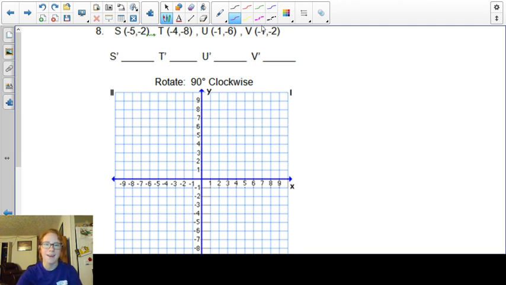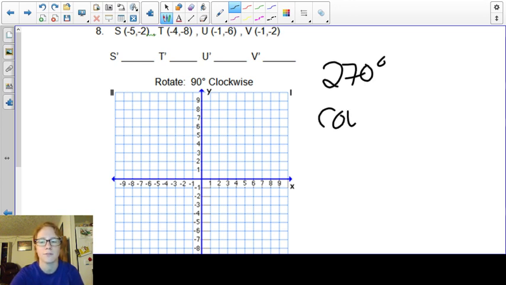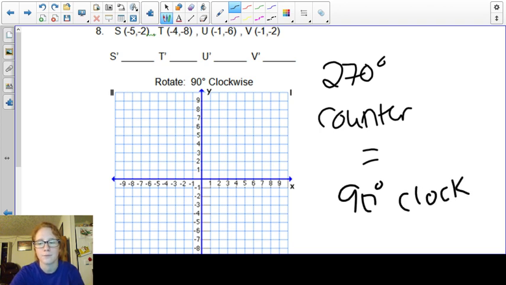If I have something that is 270 degrees counterclockwise, that is the same thing as saying 90 degrees clockwise. Because if you think about it, in your rotation you have 360 degrees.